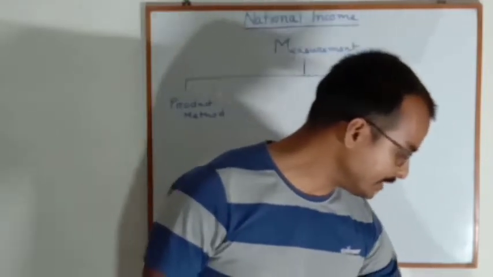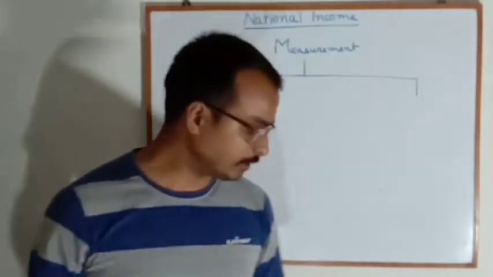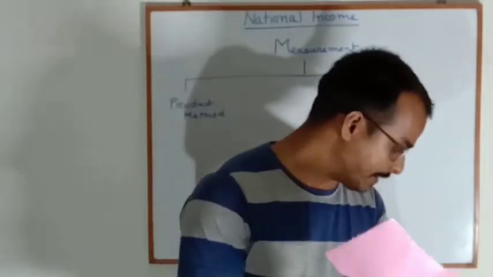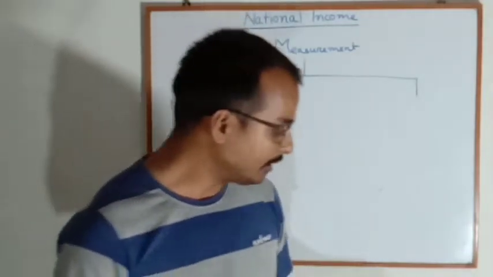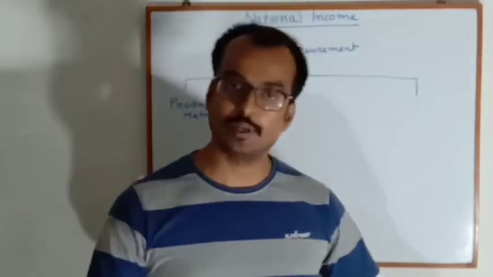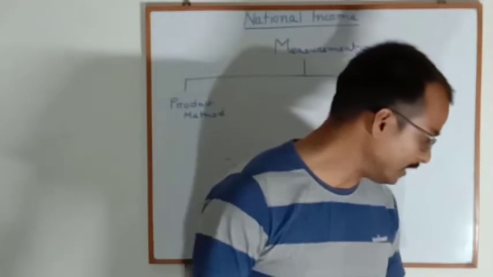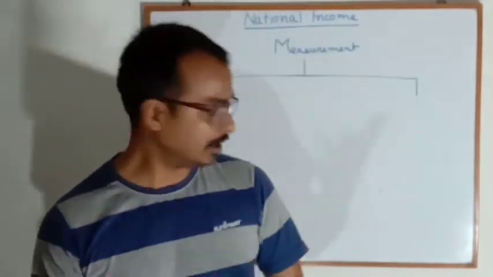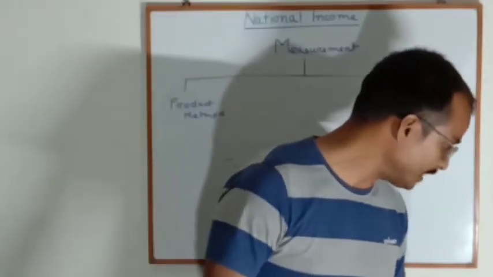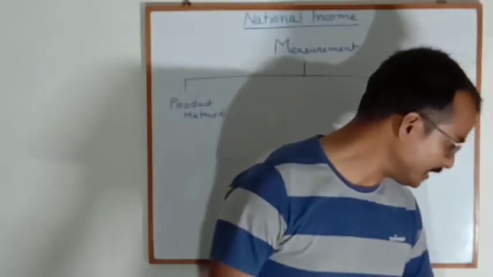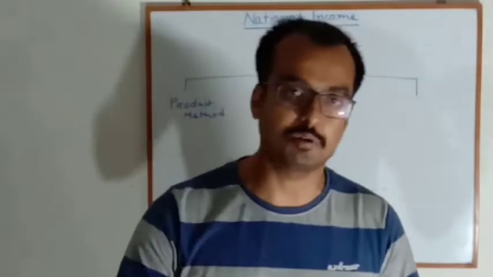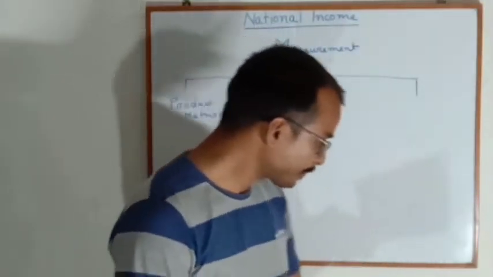So the first step is to take the factor income as rent, as profit, as interest, and add all these. Profit includes all types of profit: dividends or distributed profit and undistributed profit, you take all of them.